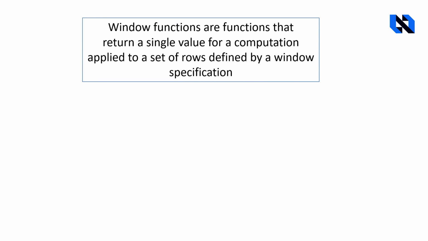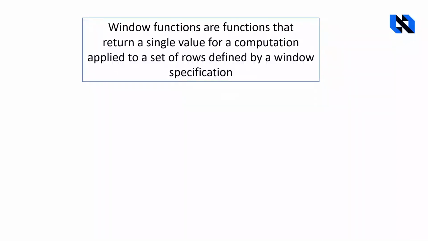Unlike your group functions, window functions do not cause rows to be grouped into a single output row. The rows retain their separate identities and an aggregated value will be added to each row.